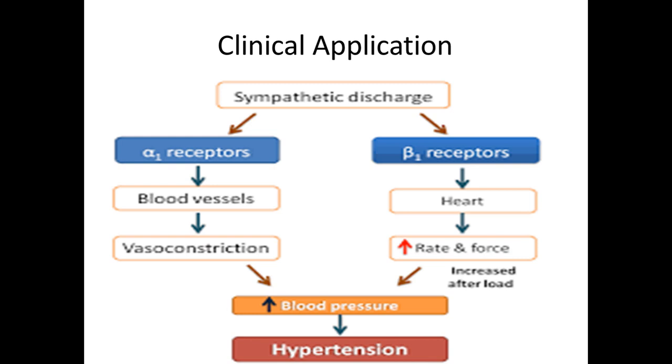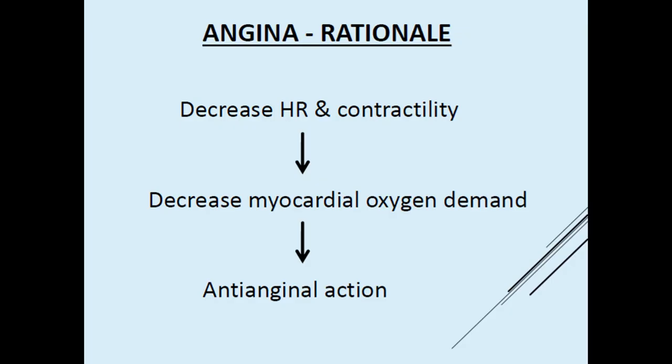So if we use the beta adrenergic antagonist, what happens? It will decrease the rate and force of the contraction of the heart. So ultimately it will reduce the blood pressure and relieve the symptoms of hypertension. So they are used in the treatment of hypertension.